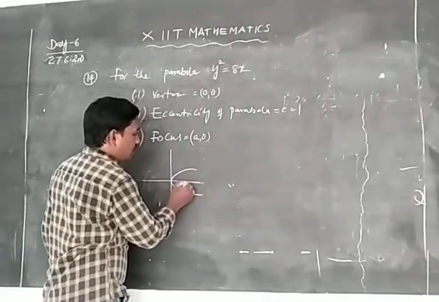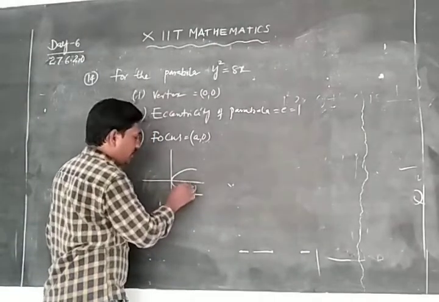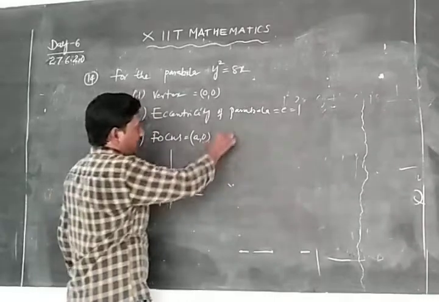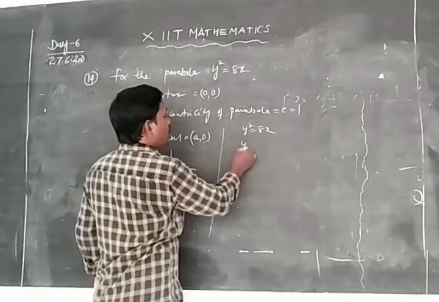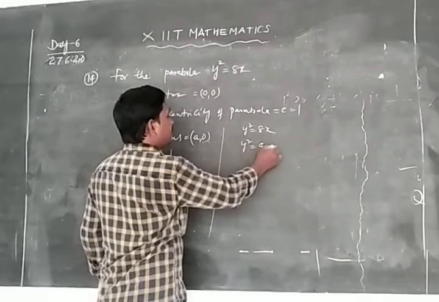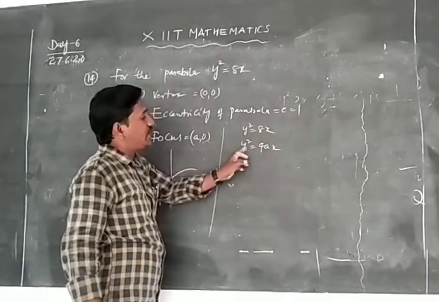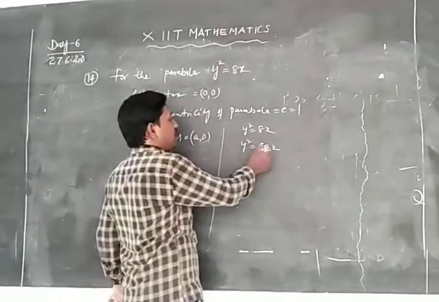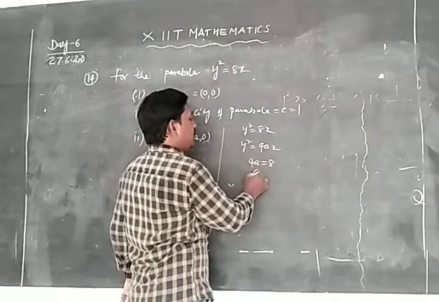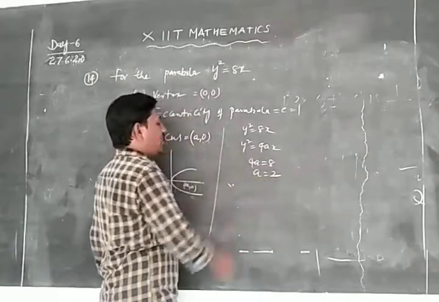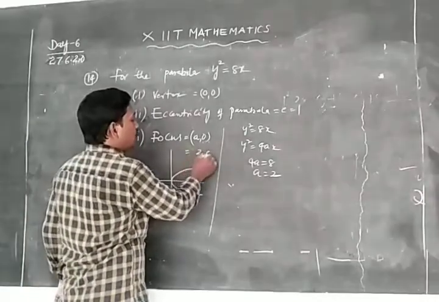Now focus here is A comma 0, and we don't know A. For example, y square is equal to 8x. Compare it with y square is equal to 4ax. In the place of 4a, 8 is there. 4a equal to 8, A equal to 2. So focus is 2 comma 0.